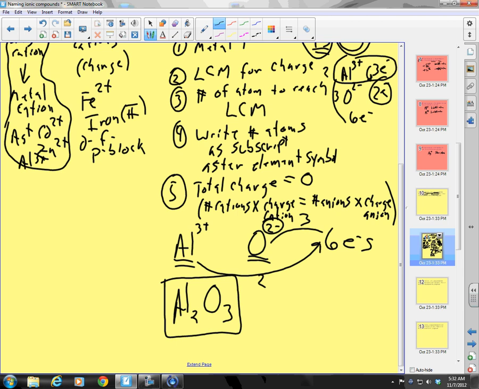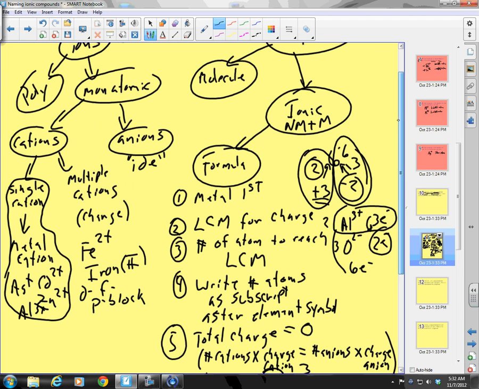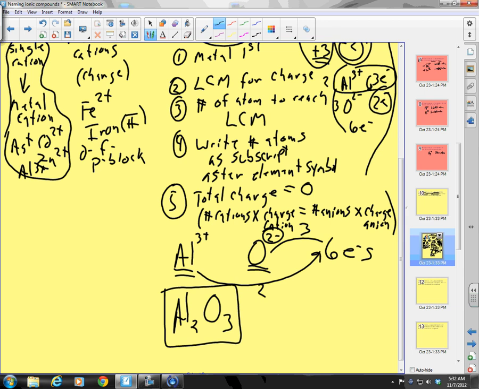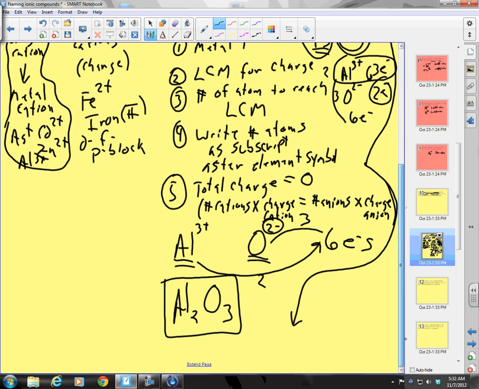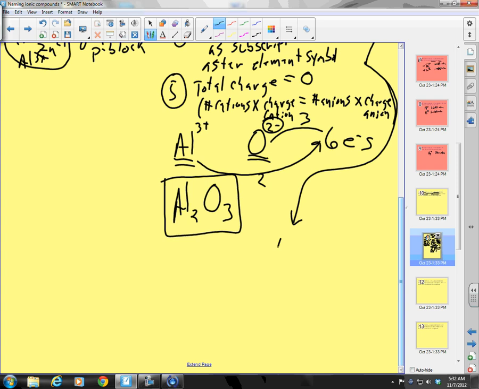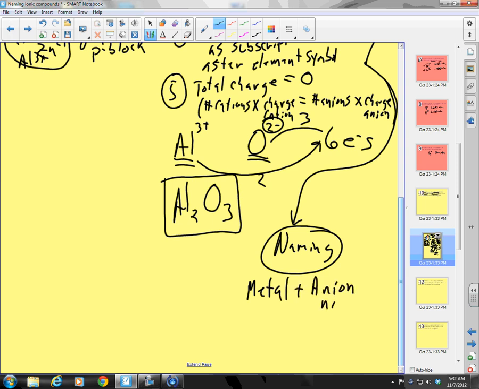Now, how do I name this? Wow, that was just a formula. Let's come down this way and talk about naming. Hey, naming is easy, folks. How do we name this? Naming ionic compounds. Simple. Metal first, plus the anion name.